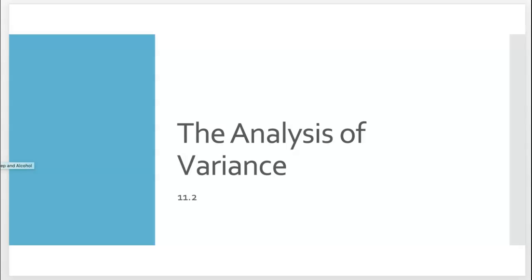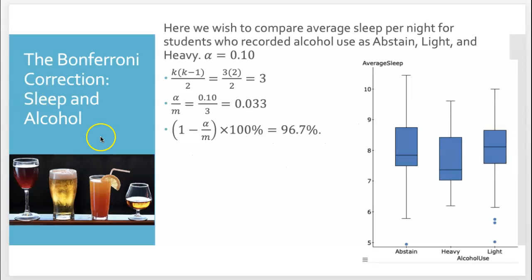What we saw with the Bonferroni correction is that it may work for a small number of comparisons, but if we want to do more, what can we do? What we learned is that if we have more comparisons, the type 1 error becomes very small, or the confidence level, the capture rate, becomes very, very large.